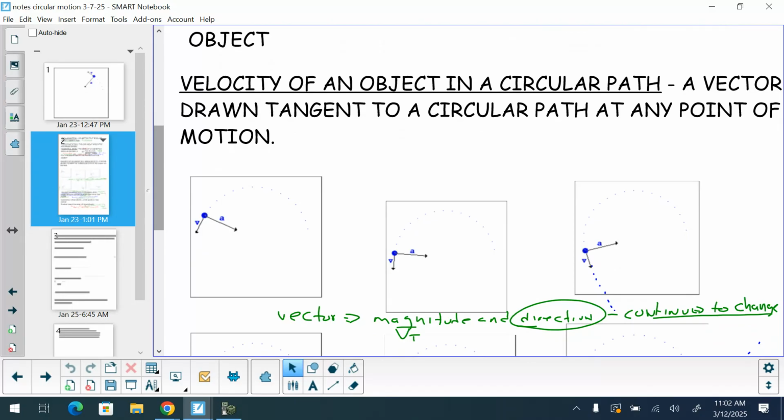Once again, if I'm spinning this around and it hit a nice sharp blade that cuts the string, the object would continue to go in whatever direction tangentially it was at that specific point. Well, it's continually changing direction, which means that tangential velocity is changing. So when you have a change in velocity, that means you have to have acceleration.